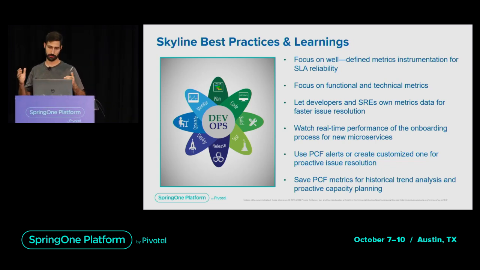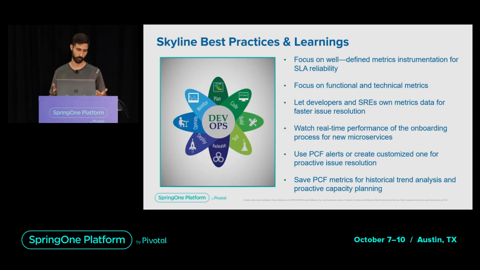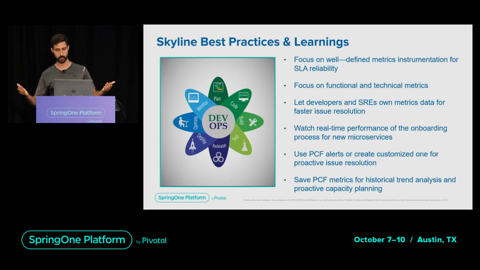We also capture a lot of PCF alerts and PCF events in addition to when we deploy via our CI/CD. So that's all I can share with you right now, and that's it.